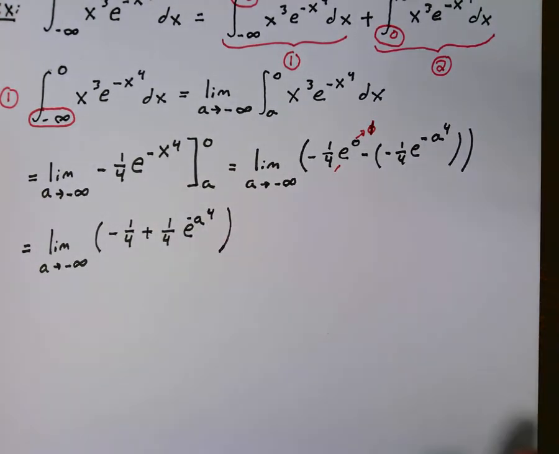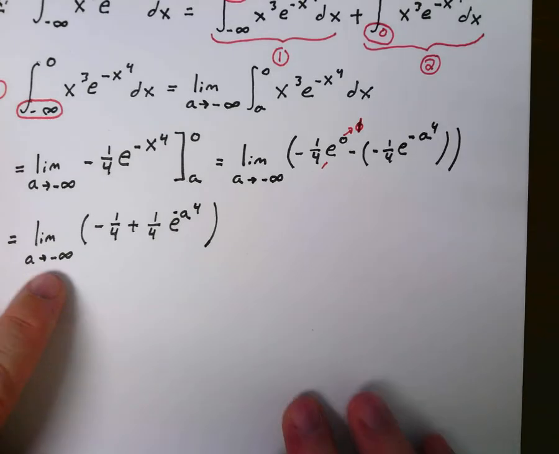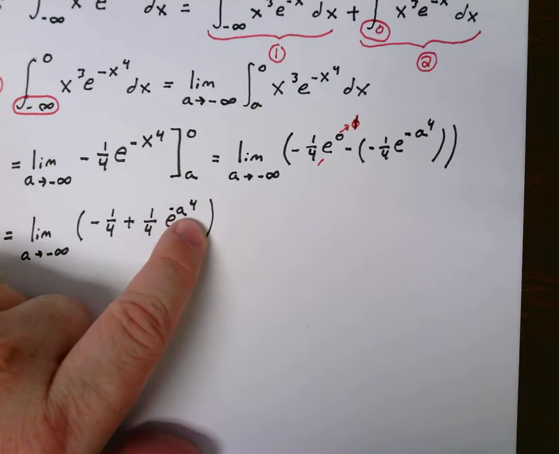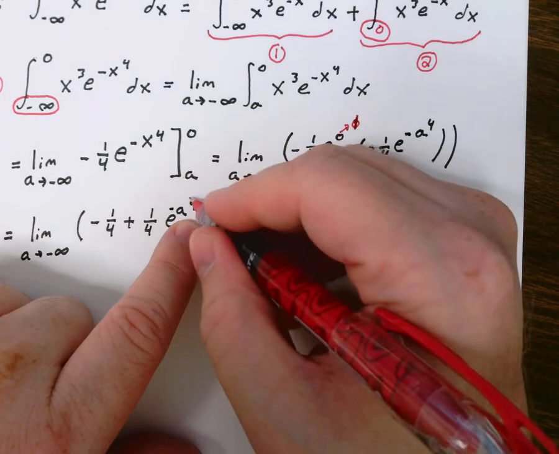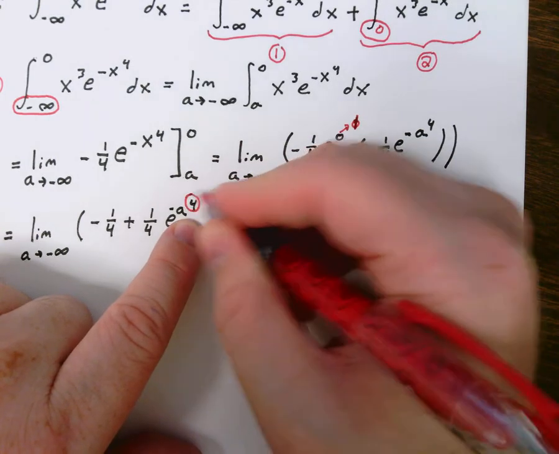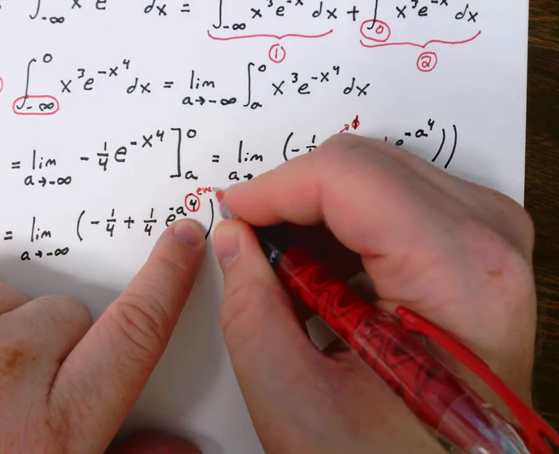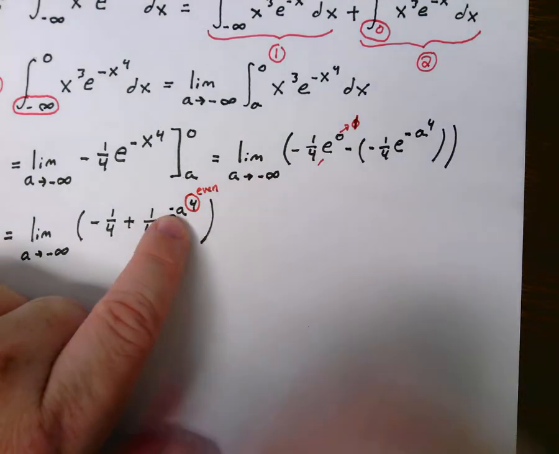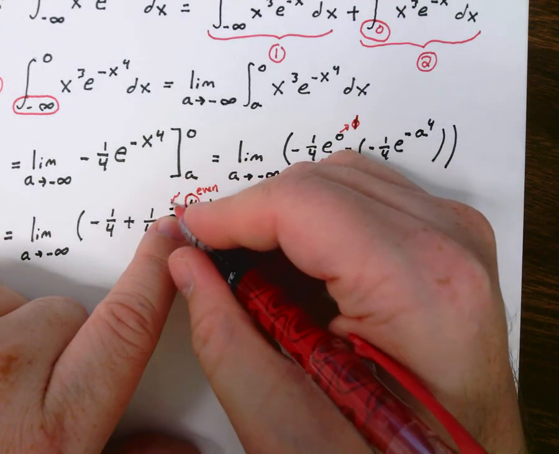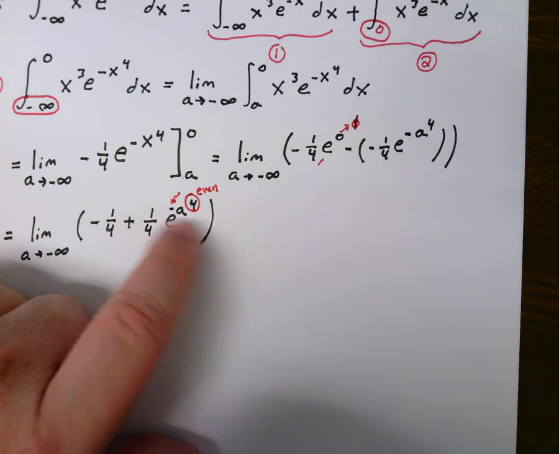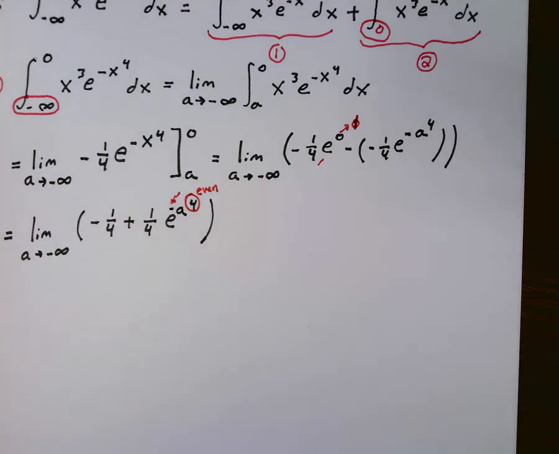Now let's think about this for a second. We've got to be a little careful. When we put a in there, notice that the a is to an even power. So that's going to make it positive. But then we have a minus sign in front, and that's going to make it negative. So you definitely have to know what your graphs of e to the x look like.